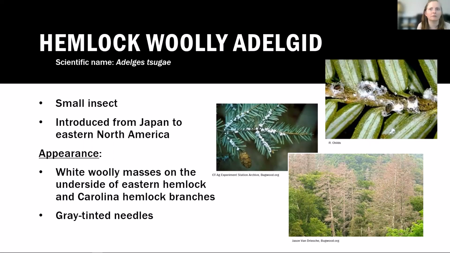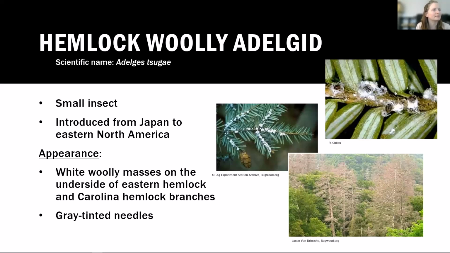You can recognize it by the white woolly masses that are found where the base of the hemlock needle meets the twig. So they don't occur on the actual leaf of the hemlock, but on the twig itself.